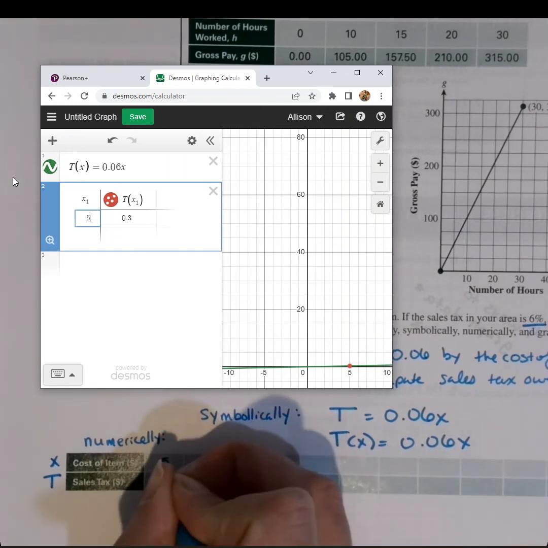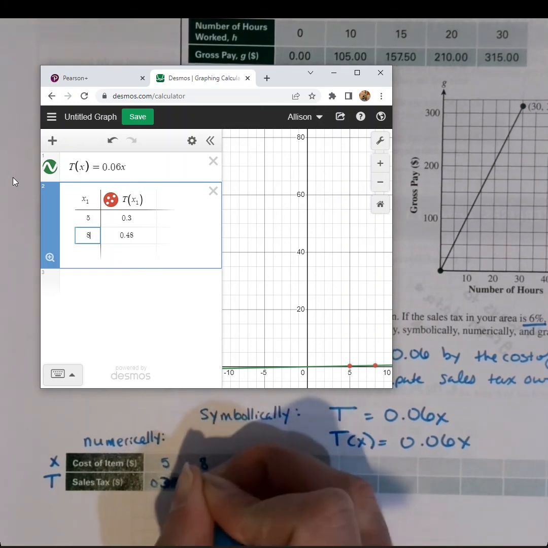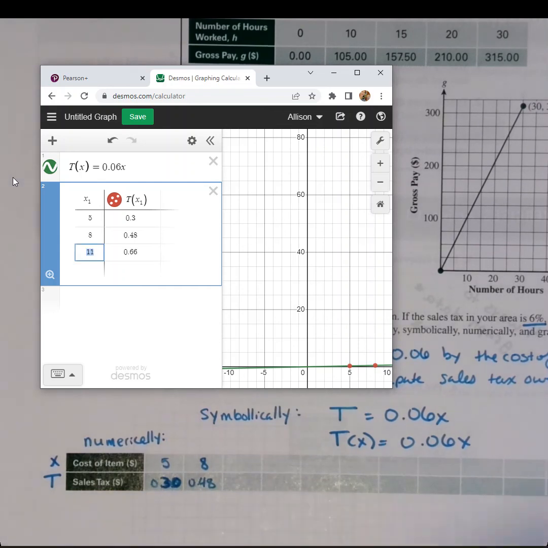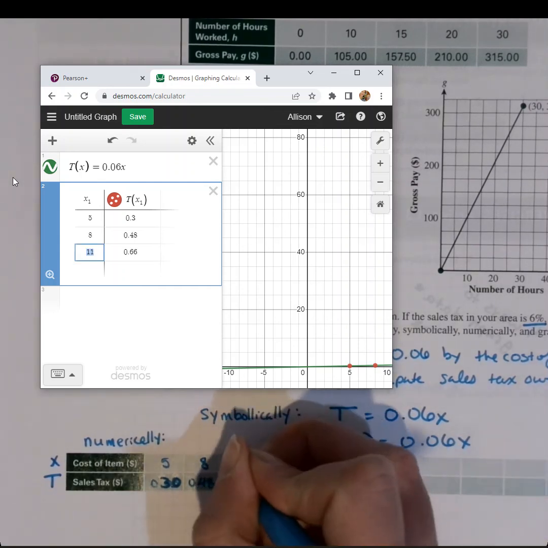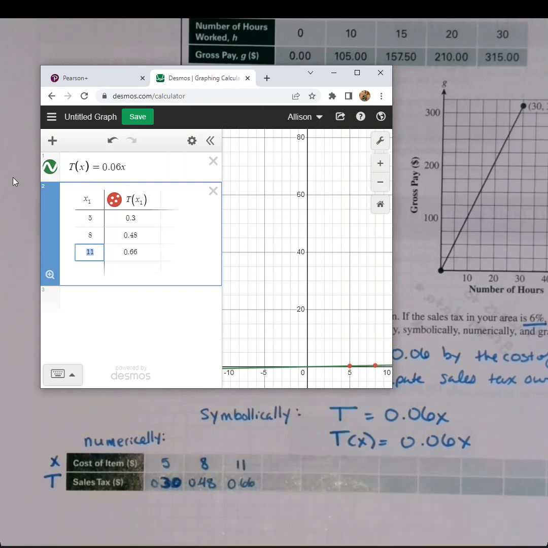I can't read, apparently. I owe 30 cents of tax. If it costs $8, I'm making up values here, then it's 48 cents of tax. Or if it costs $11, then I owe 66 cents of tax.